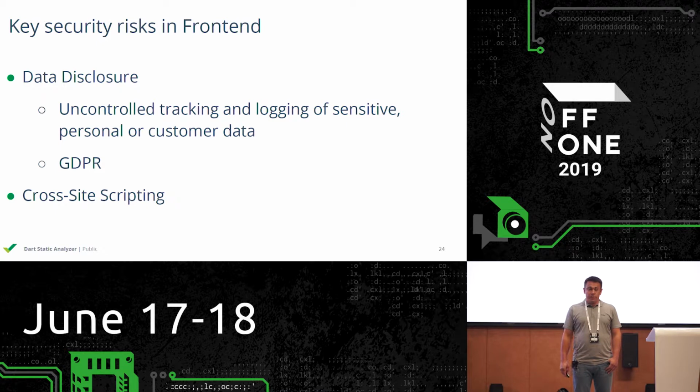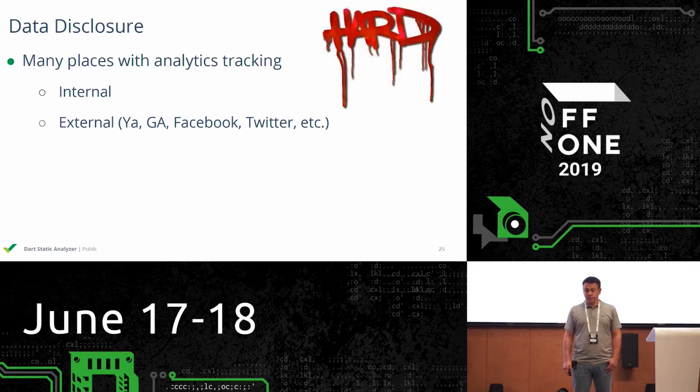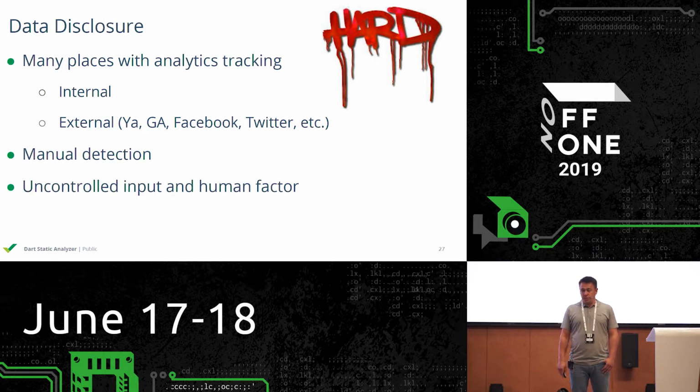The second issue with the front end is cross-site scripting. Cross-site scripting, everybody knows about it. The problem is about personal data disclosure or other data disclosure on the front end side. That is, you have tracking analytics, which may be both internal for your team and also external: Yandex Metrica, Google Analytics, and Facebook and Twitter are all included.